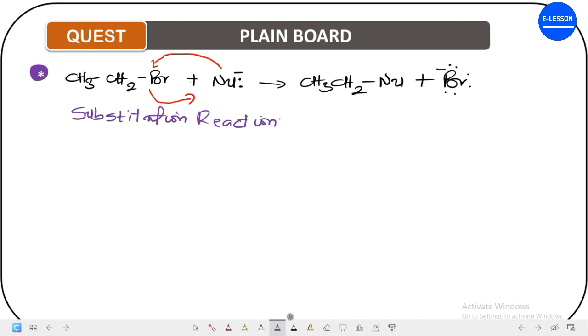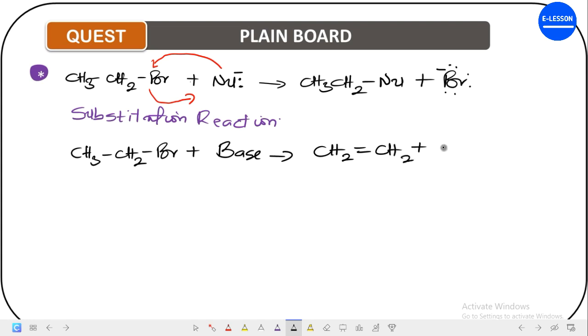However, if you have CH3CH2Br plus, let's say, something that is not a nucleophile but a base, and the product of this reaction gives us something like CH2=CH2 plus H-B, that is, H plus the base, plus Br minus, we say this kind of reaction is the elimination reaction.